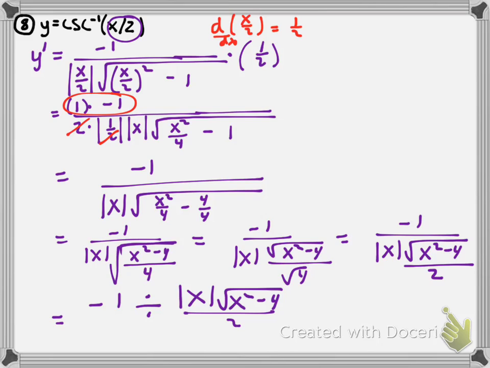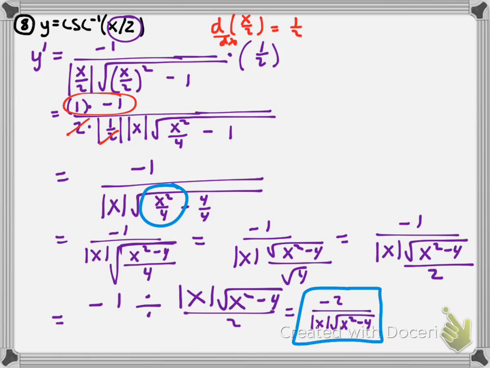I have -1 times, and so this is going to be negative. Let's just do this all at once. We're going to just flip the second fraction over and use the negative up there and write it like this. Okay, x squared minus 4, -2 over that.